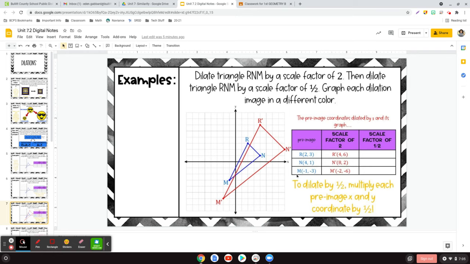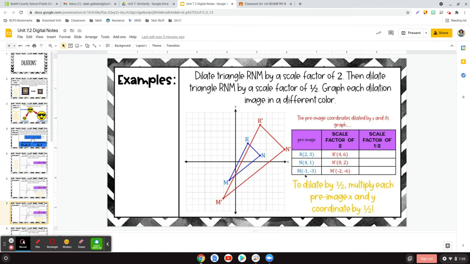So now we're going to use our same pre-image points, and we're going to dilate this triangle to a scale factor of 1/2. So now on here, we're going to multiply each coordinate by 0.5. So we do 2 times 0.5, 3 times 0.5, 4 times 0.5, and 1 times 0.5.